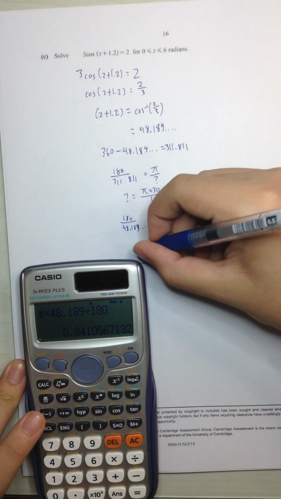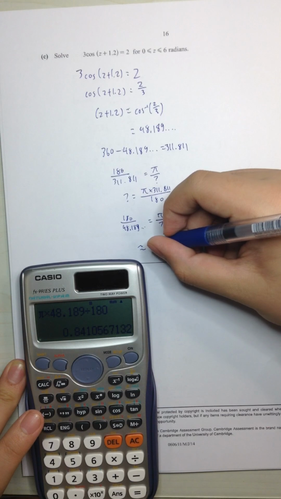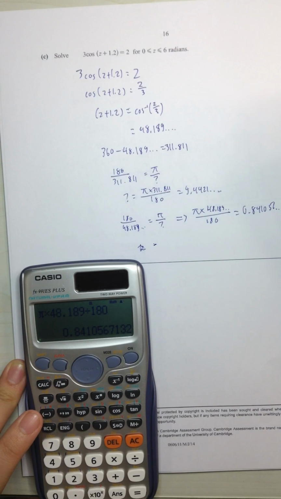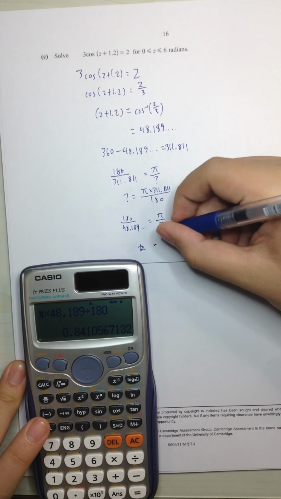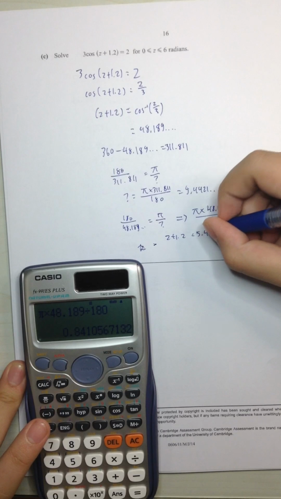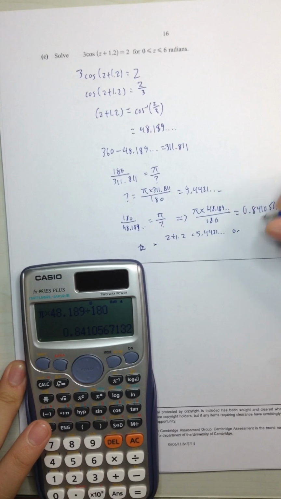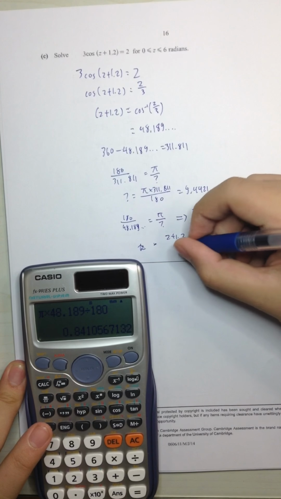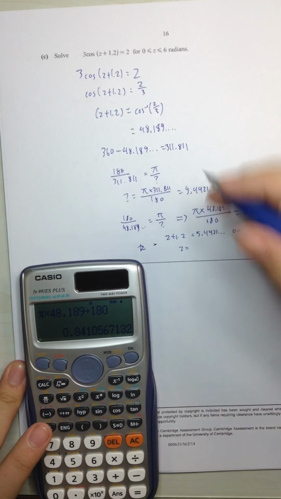So we round them off, then we input the z, so z plus 1.2 is equal to 5.4421 or 0.84105.